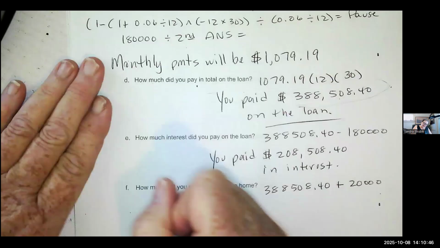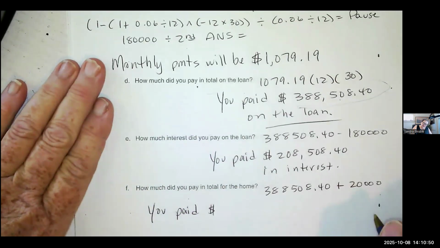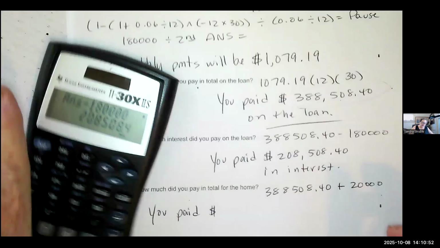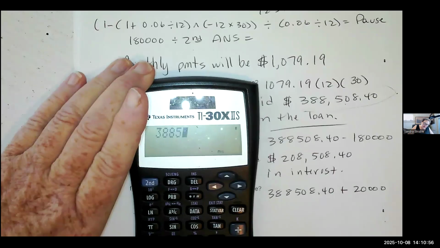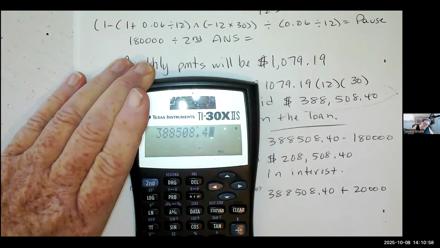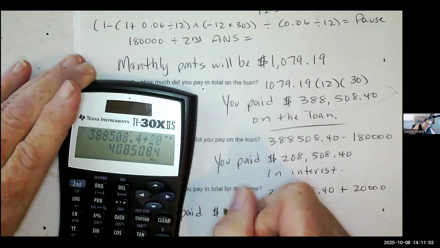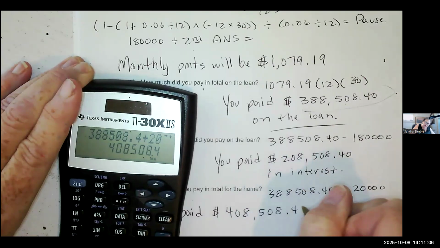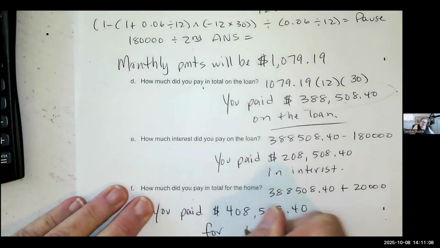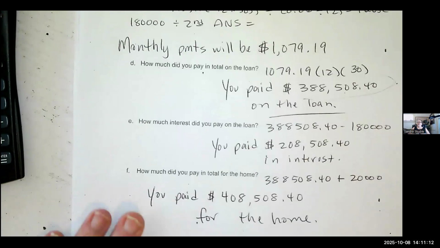So you paid, this is the actual cost of the home, I'm going to take the 388,508.4 plus 20 grand. So you paid $408,508.40 for the home. So much for it being a $200,000 home.